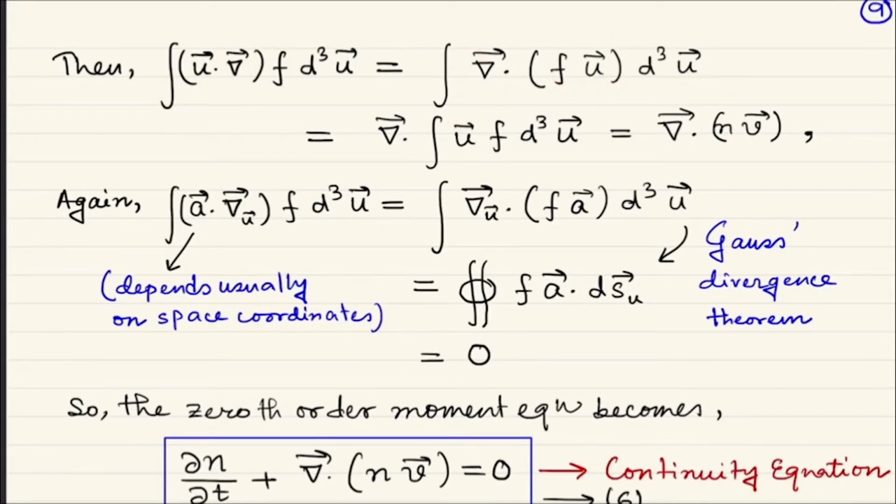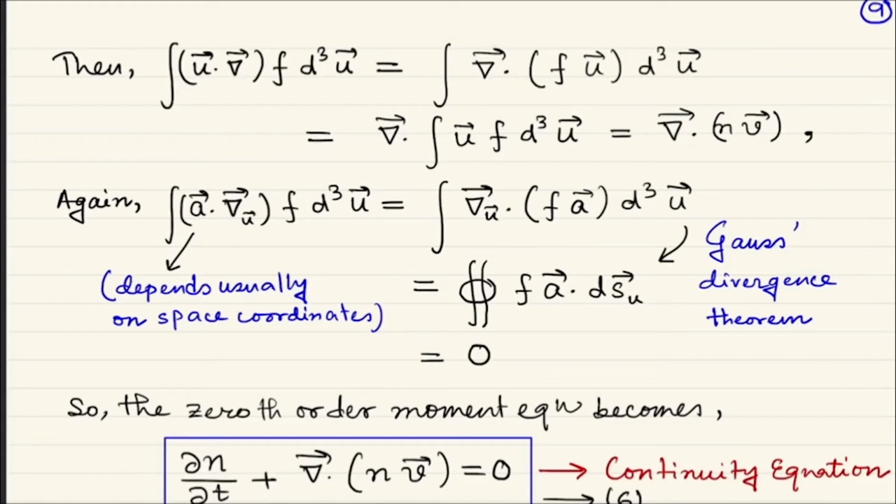Now here is a common source of mistake. Some students tend towards using Gauss's divergence theorem: I have a divergence, I have a volume integration. But this is not true, because the volume integration is on velocity space and the divergence is for pure space. So this is not going to work. What will be the proper reduction in this case? This divergence is a space operator, whereas this integration is on the velocity space.